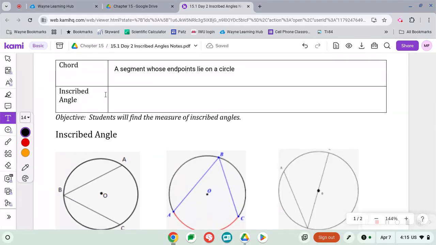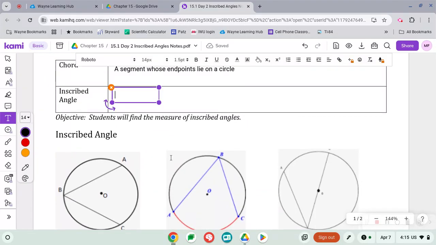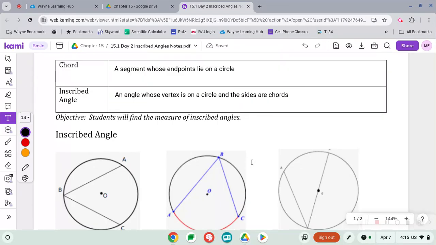Our second word, inscribed angle. Yesterday we talked about a central angle. In a central angle, the vertex was in the center. An inscribed angle is an angle whose vertex is on a circle, so it's on the edge of the circle, and the sides are chords. So these are three pictures.